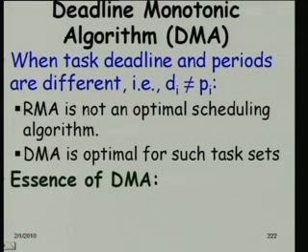It is optimal as long as the period and deadline are the same, but when the task deadline and the period are different, the rate monotonic algorithm is not really optimal. The deadline monotonic algorithm is actually the optimal one.